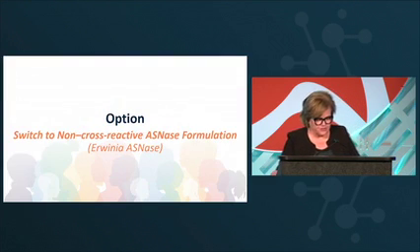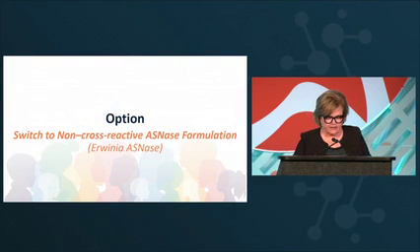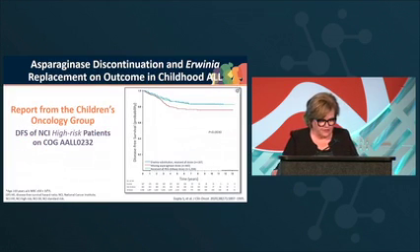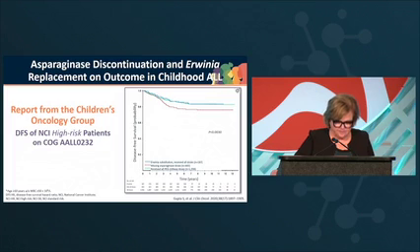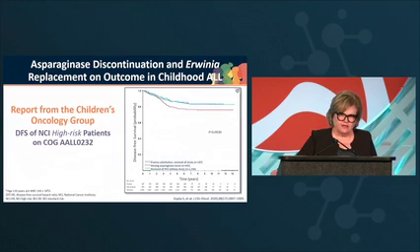So option: switch to a non-cross-reactive asparaginase formula, the Erwinia. Here is a report from COG, where they looked at high-risk patients where PEG asparaginase was discontinued, and the effect of Erwinia replacement on the outcome of childhood ALL.